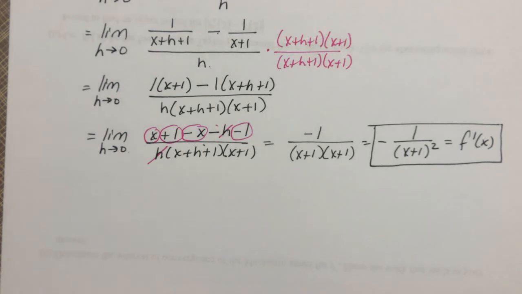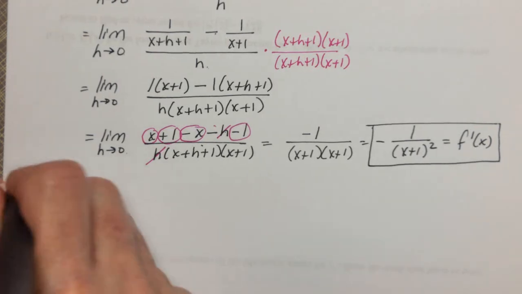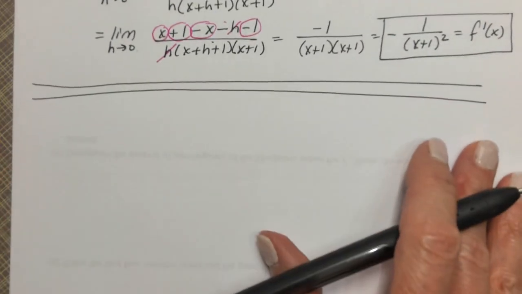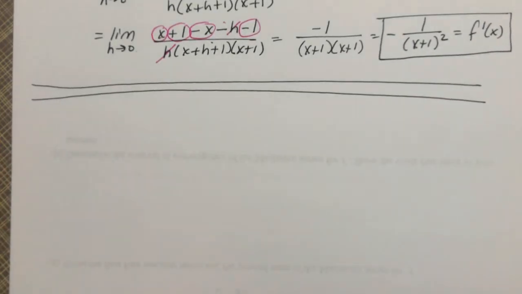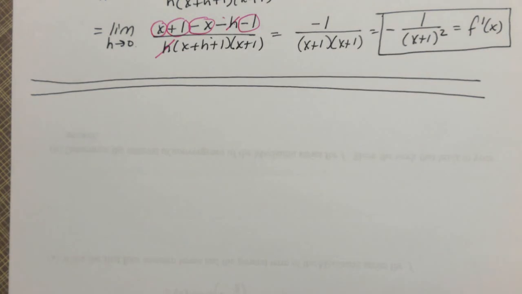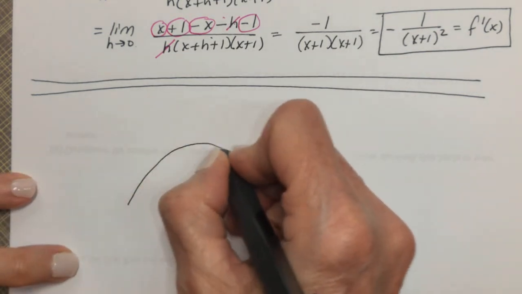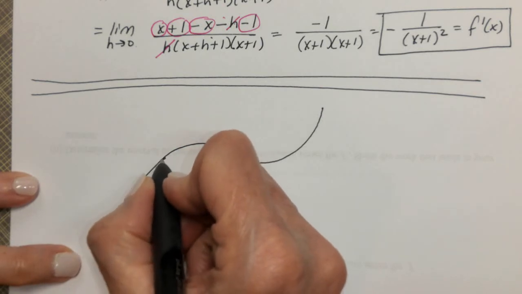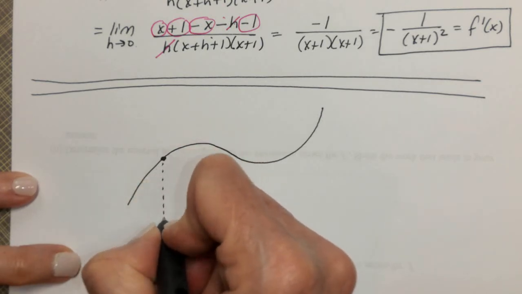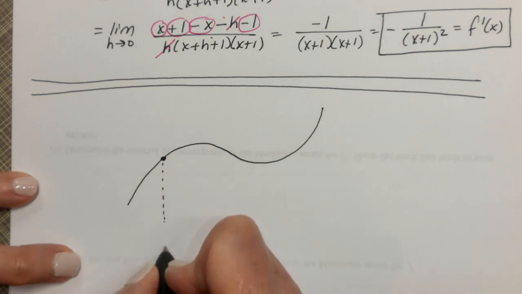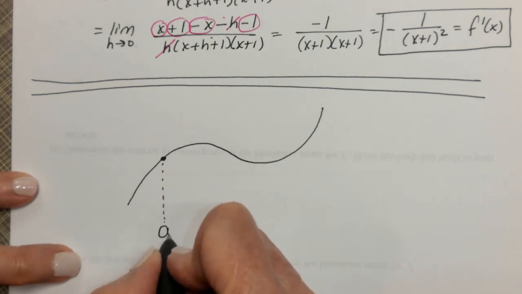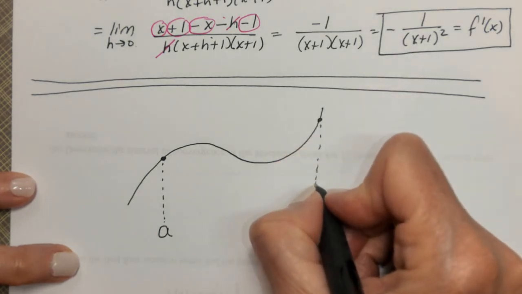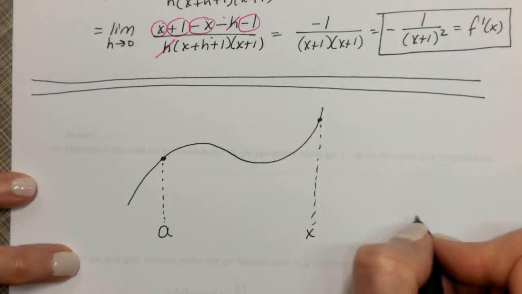All right. Okay, now, so that's the definition of derivative, a couple of examples with that. Now I would like to go back to our little curve. I'm going to call this x value, instead of calling it x sub 1 now, I'm going to call that a. And I'm going to call this x value just plain old x.